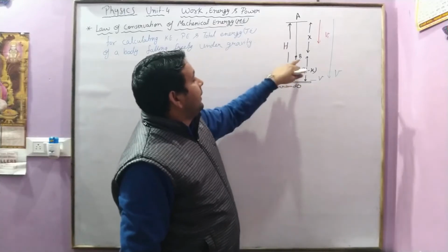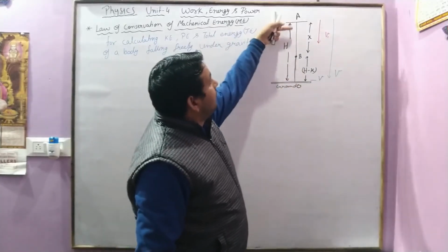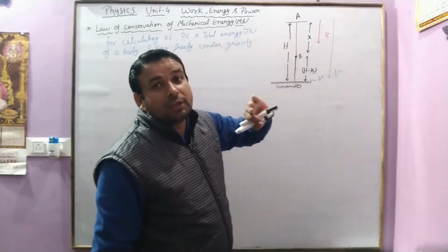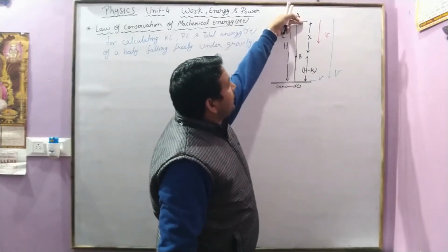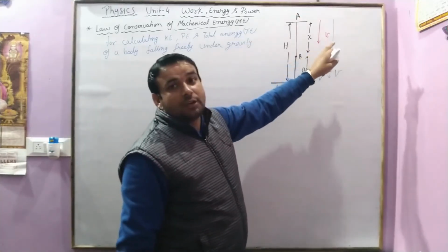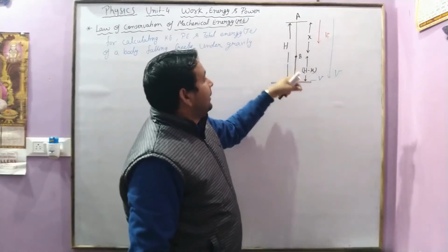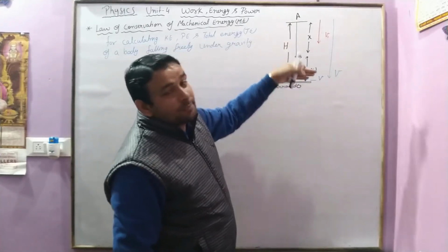And in between, at B, it has both energies: the potential energy till B is converted into kinetic energy with a velocity v1, and the rest is due to the location at B, h minus x.